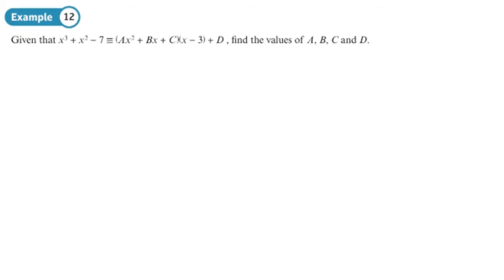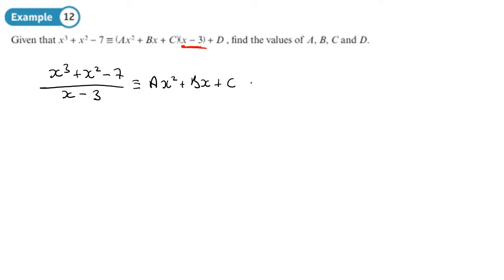So here, all we're going to do first on this one is start by dividing both sides by x minus 3, so it's in a form that we can deal with. So we've got x cubed plus x squared minus 7 over x minus 3 is equivalent to ax squared plus bx plus c plus d over x minus 3.